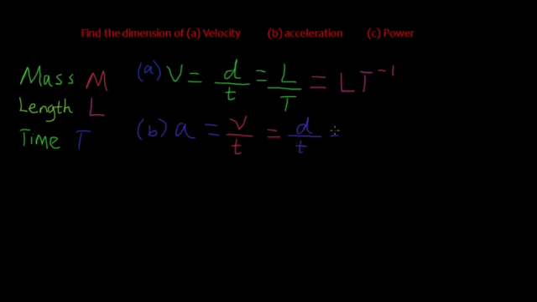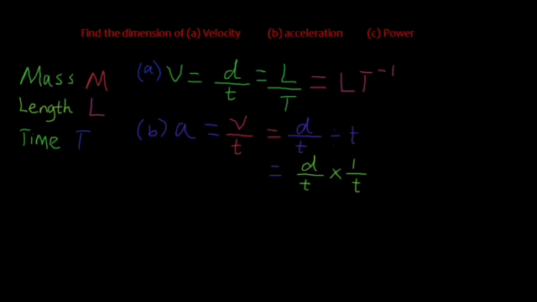Then we have again divided by time. So doing this together, we shall be having distance over time, changing division to multiplication, that becomes 1 over time.